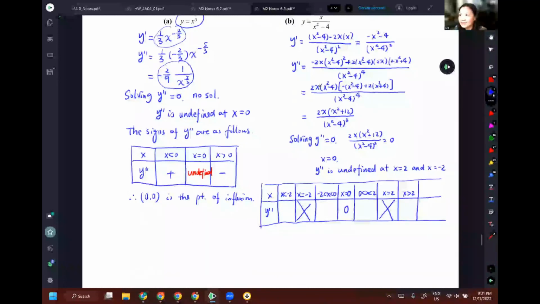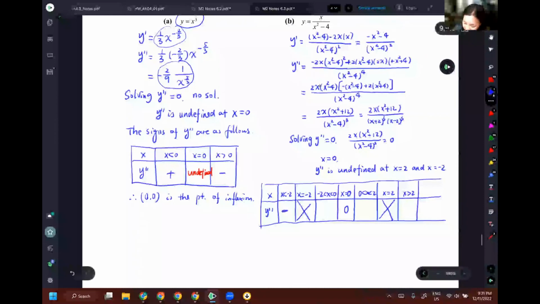And then check, is it positive or negative? It's easy if it's factorized. So 2x, x squared plus 12. And then this is x plus 2 cubed, x minus 2 cubed. I think it's easy that way. Check each factor. So smaller than negative 2, it's negative, negative, negative.